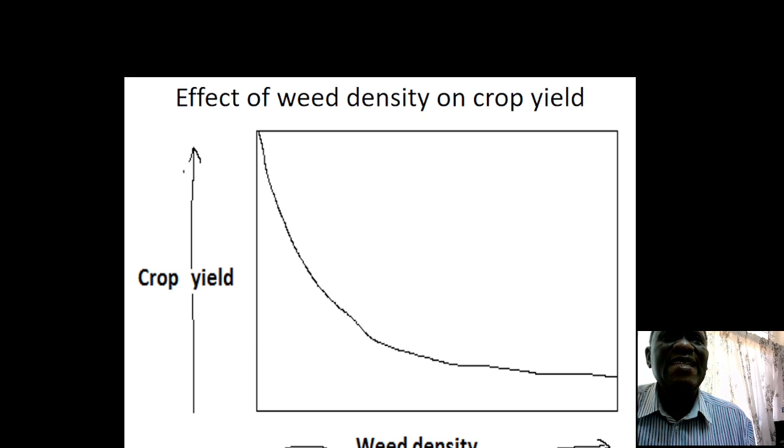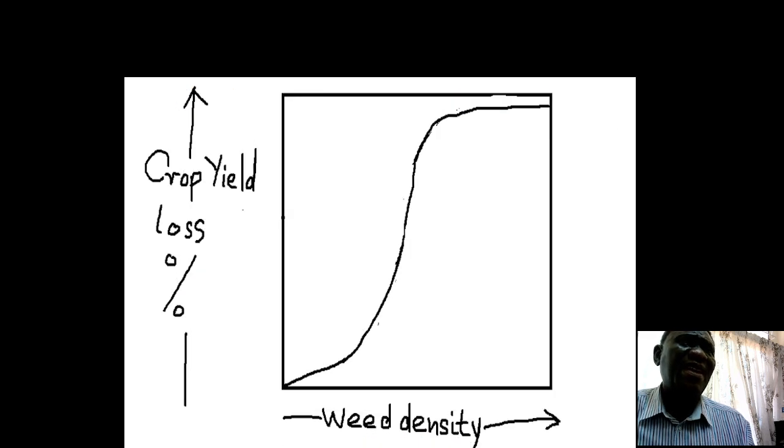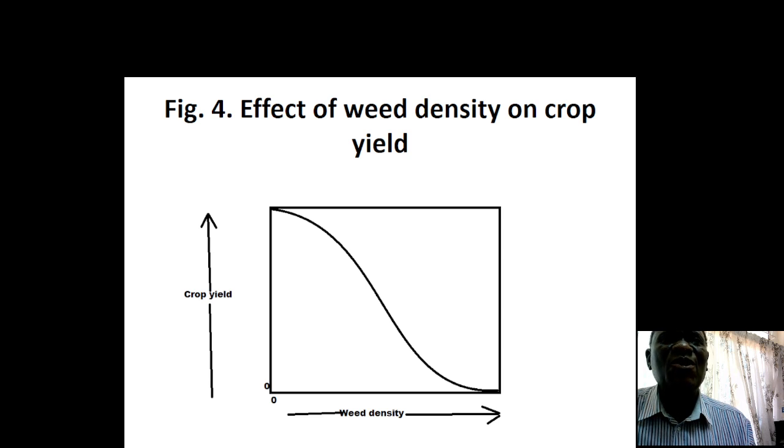This one says as long as there are weeds, you should remove them, according to Cousins. This one is a rectangular hyperbola relationship. The Zimdar one is the sigmoid curve.